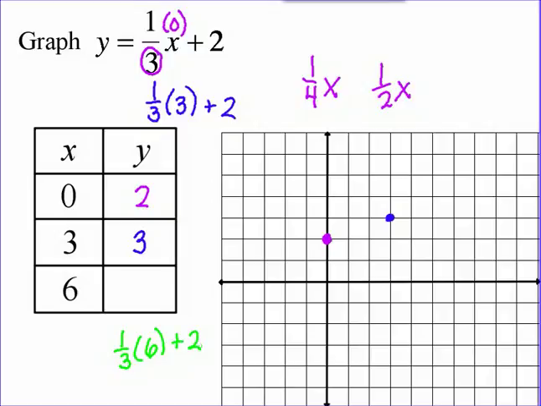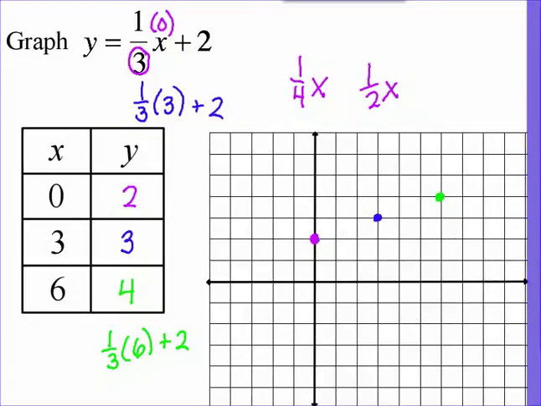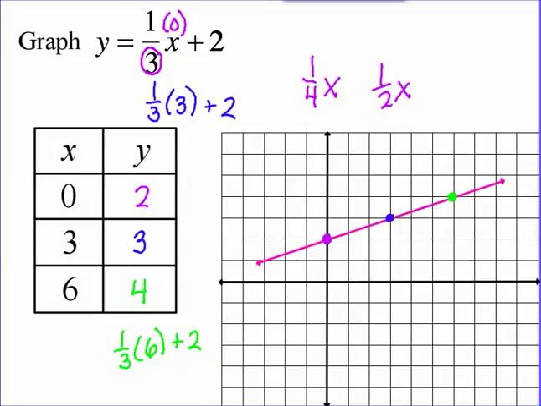What is 1/3 times 6? 2. Add 2, you get 4. So 3, 4, 5, 6, and there you go. Now all we need to do is connect the dots again, and there you go. Questions?